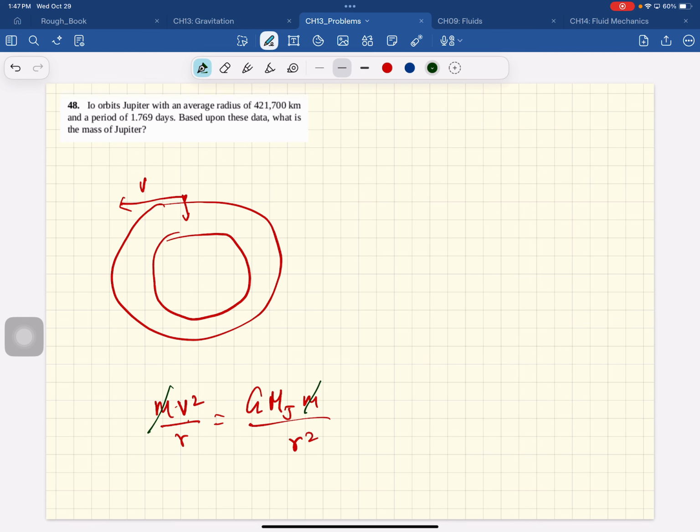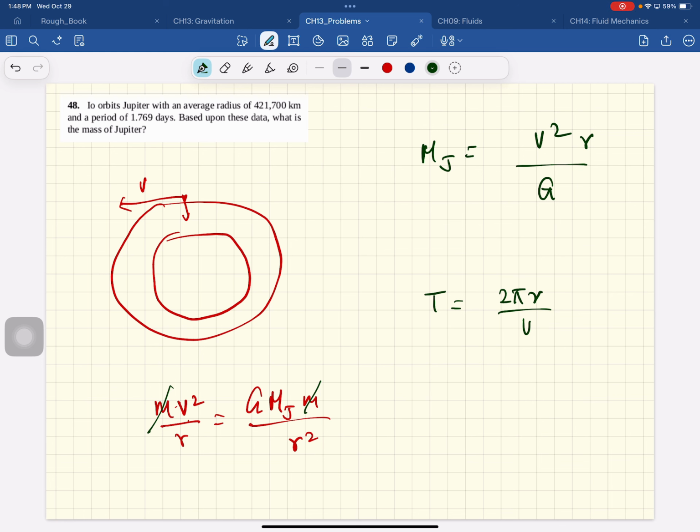Mass of Jupiter is what we want. So mass of Jupiter is v squared r divided by G. The period was 2 pi r divided by v.